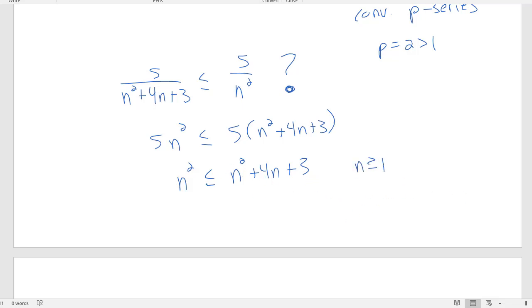The n squareds are equal to each other, and when I add more terms on the right-hand side, that is going to be bigger. I could subtract n squared from both sides and get to this statement. When n is 1, 2, 3, 4, 5, these are all positive numbers, so those are greater than 0. That is definitely true.